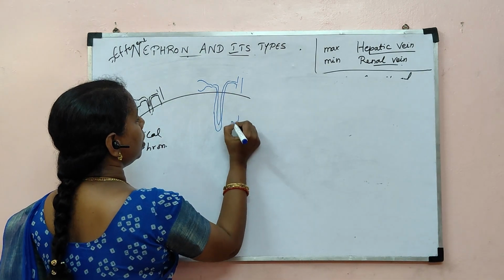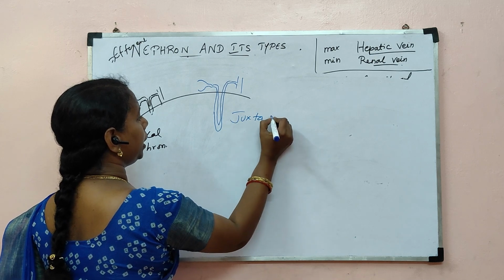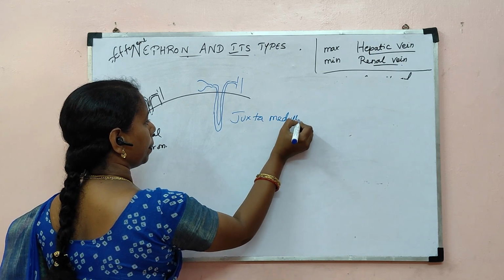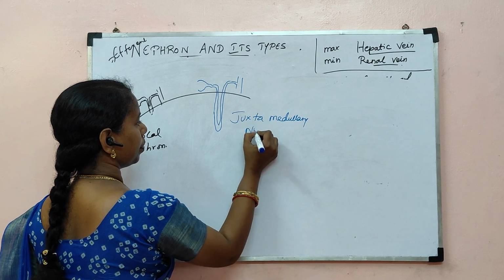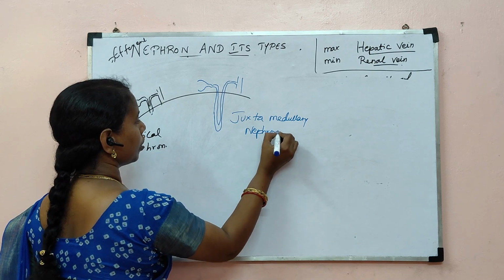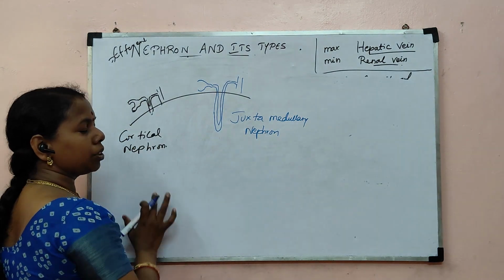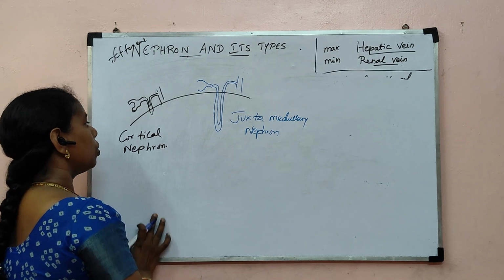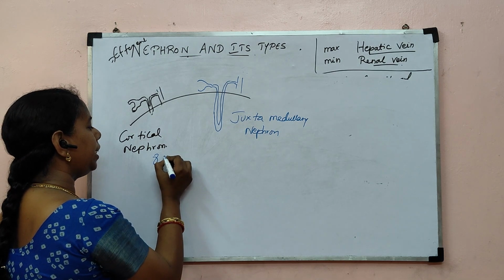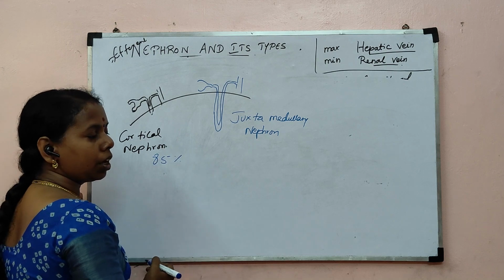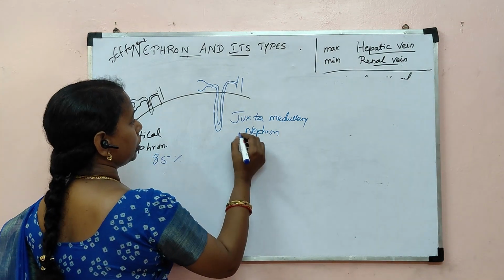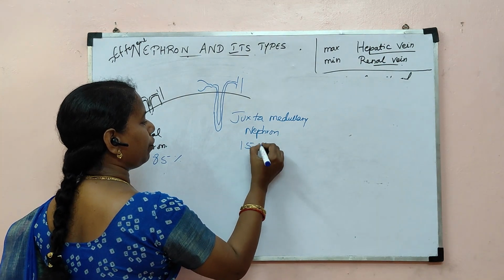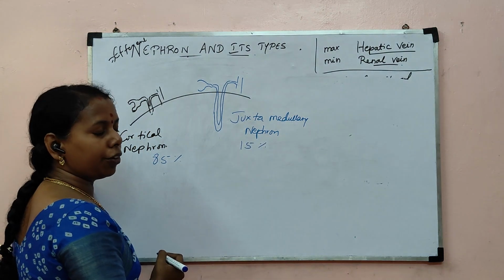So it is called juxtamedullary nephron. So we have cortical nephron and juxtamedullary nephron. Cortical nephrons are 80 to 85%, and juxtamedullary nephrons only 15% of nephrons.